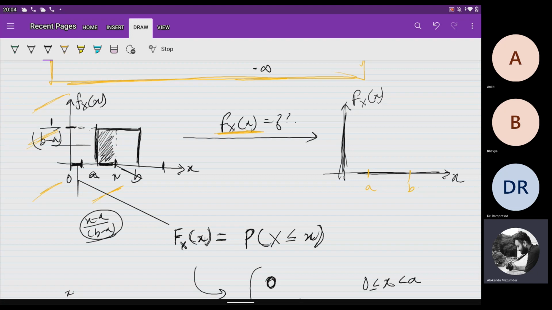Whatever the area is behind x, I am supposed to compute. So if my x is here, I will be computing this whole portion of area. This whole area will be 1.